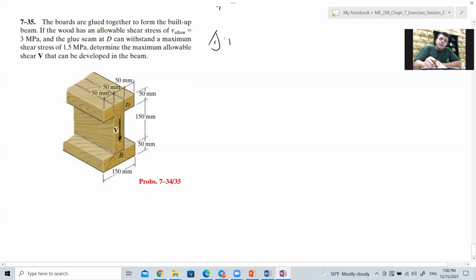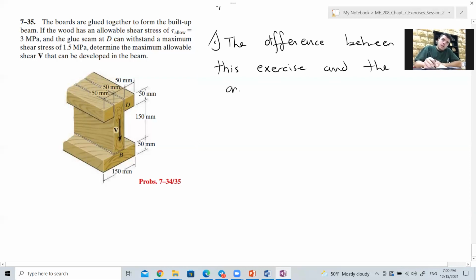Okay, so the difference between this exercise and the ones before is that here we do not have bolts, we have glue.